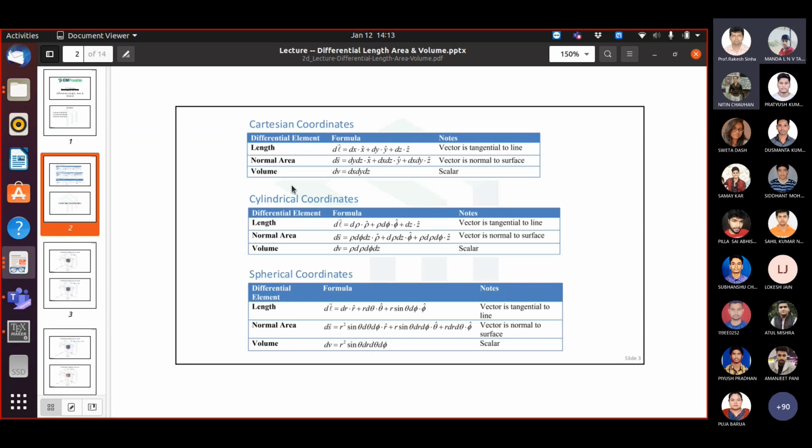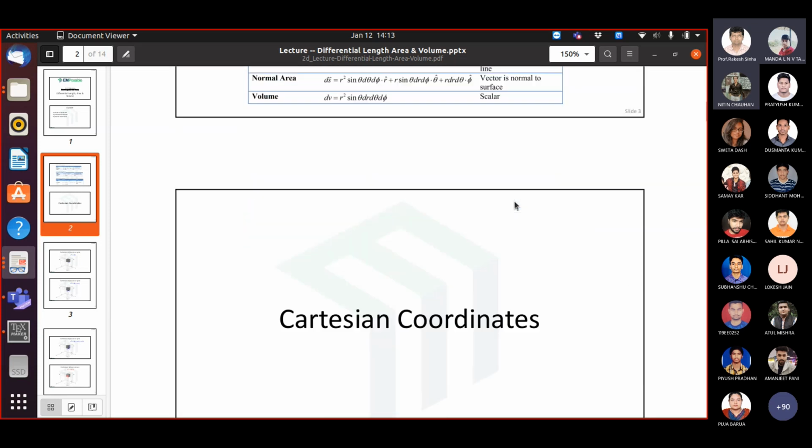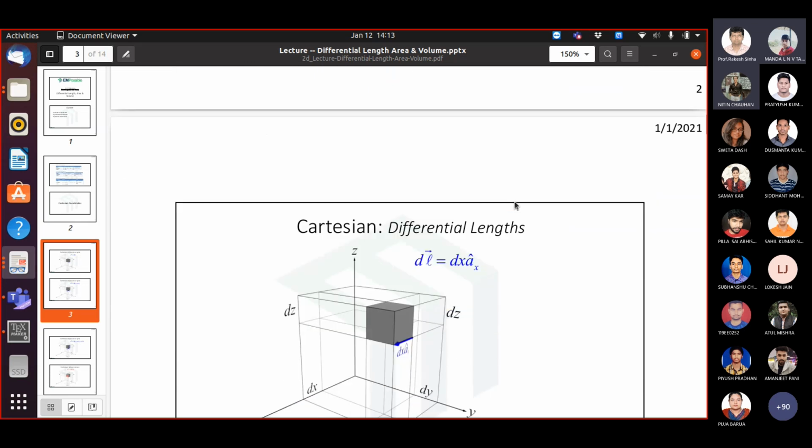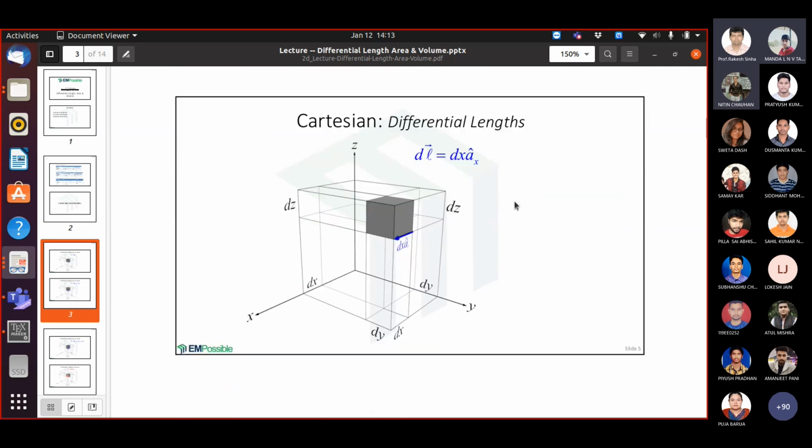The first is the differential length, that is dl. So dl can be anything. Let's see, for example, how this dl looks. Here in the Cartesian coordinate system, you have a dl. L is a vector, so that is in the x direction.